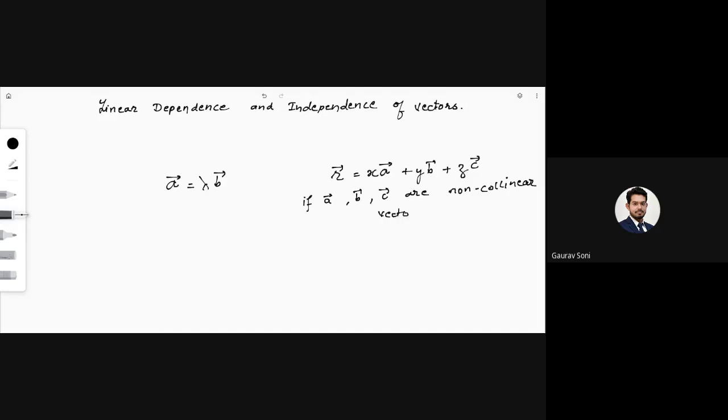So this was also one of the theorems. So a bar, b bar, c bar are non-collinear, which will also imply that they are independent.